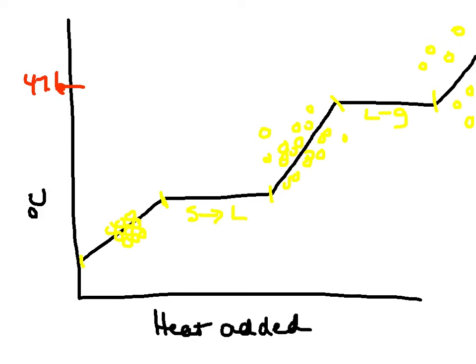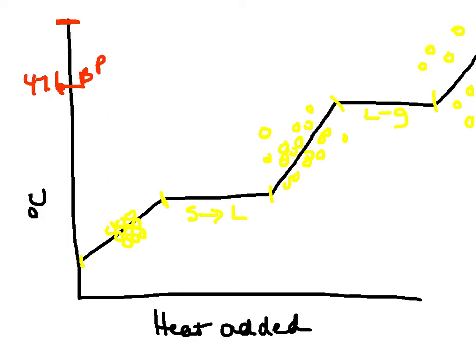But the problem does tell us that we are going from the liquid phase at 5 degrees Celsius to the gas phase at 82. If I know my boiling point is 47.6, and we're going as high as 82 degrees Celsius, that's going to be somewhere above the boiling point. So I'll just make a little tick mark right there. The point that we're starting from is at 5 degrees Celsius.